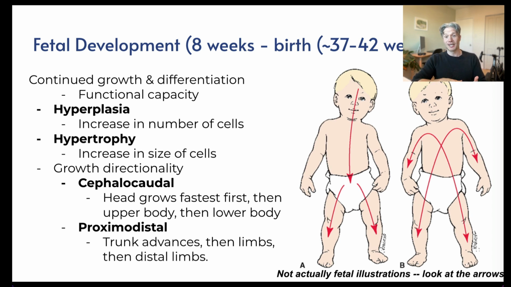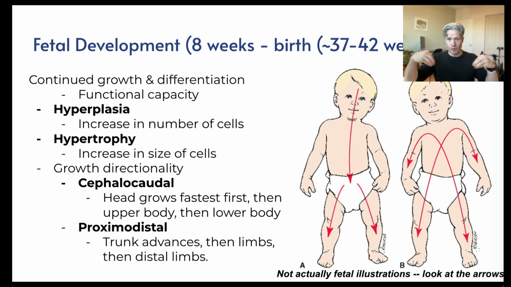Getting back to the point of directionality, the red arrows represented on the two images on your right indicate the two types of directions of growth that we typically see, which is cephalo, meaning head, to caudal, which means tail, or you can think head to bottom of your torso. And then it goes from proximal to distal. Proximal being close to the midline, and distal being far away from the torso, so distal from the body.